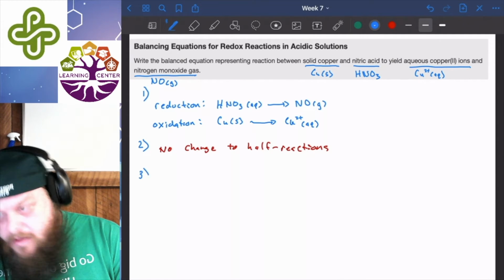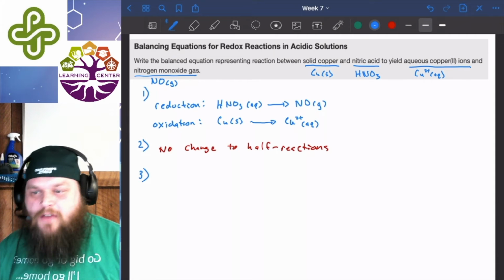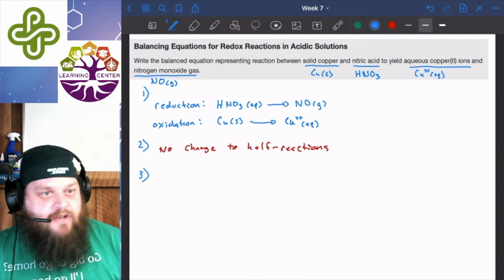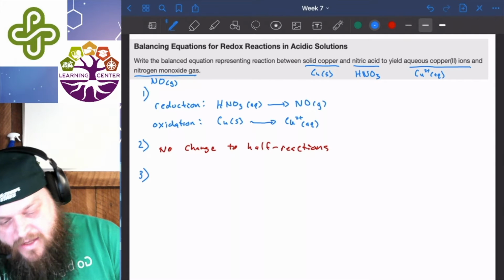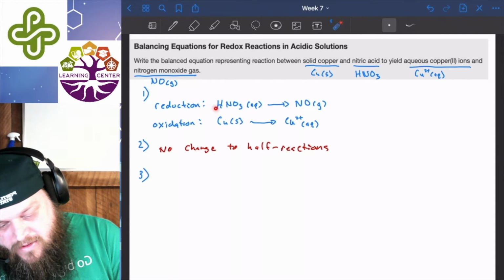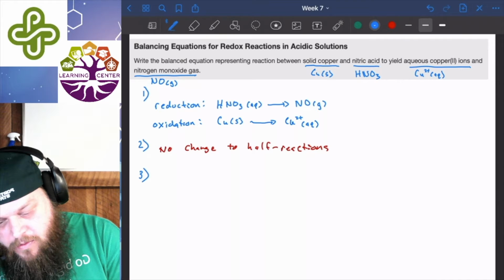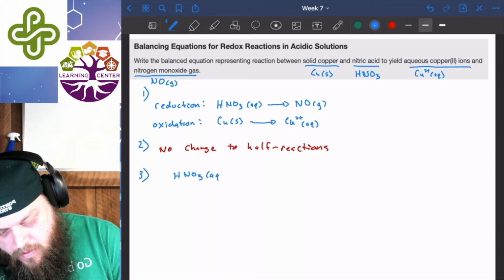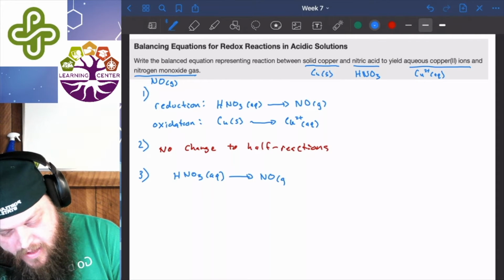Step 3 was to balance the half reaction by adding H2O for oxygen. So in this case, we're looking at this top reaction here, and I'll rewrite it. We have HNO3 aqueous produces NO gas.